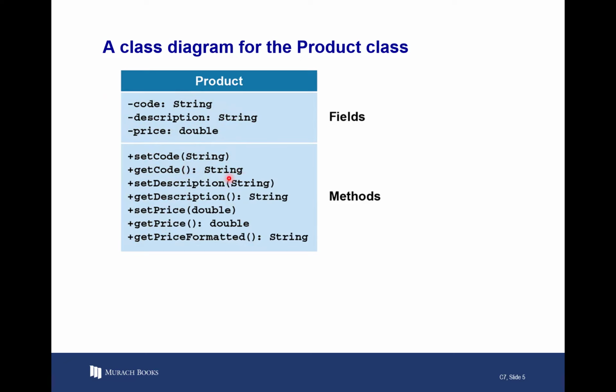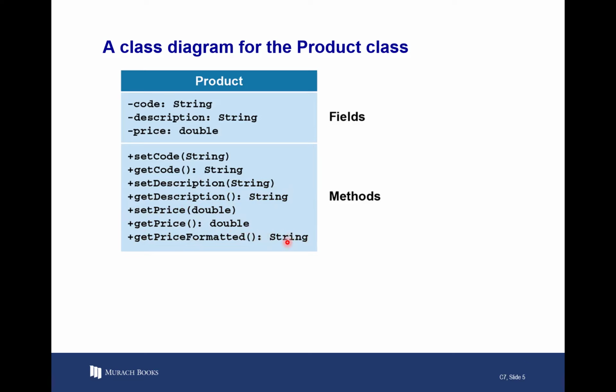Set description, you are passing a string value. Get description, you are not passing anything, but you are returning a string. Set price, you are passing a single argument, which is double. Get price, you are not passing anything, but you are returning double. Get price formatted, you are not passing anything and you are returning a string.